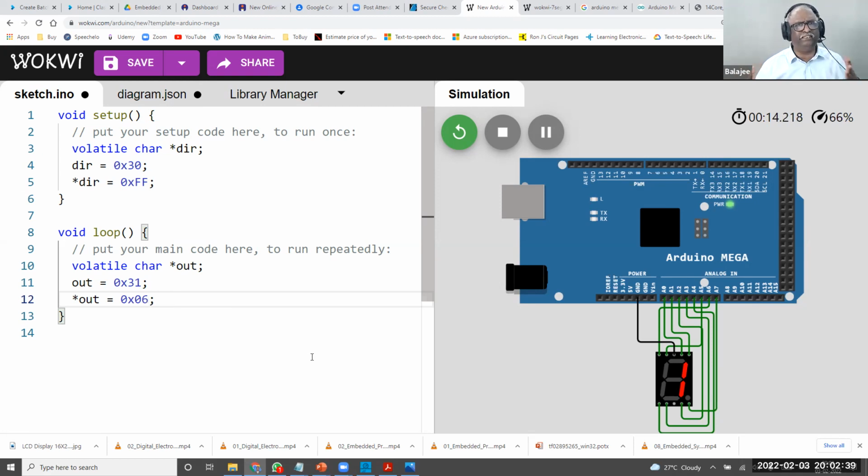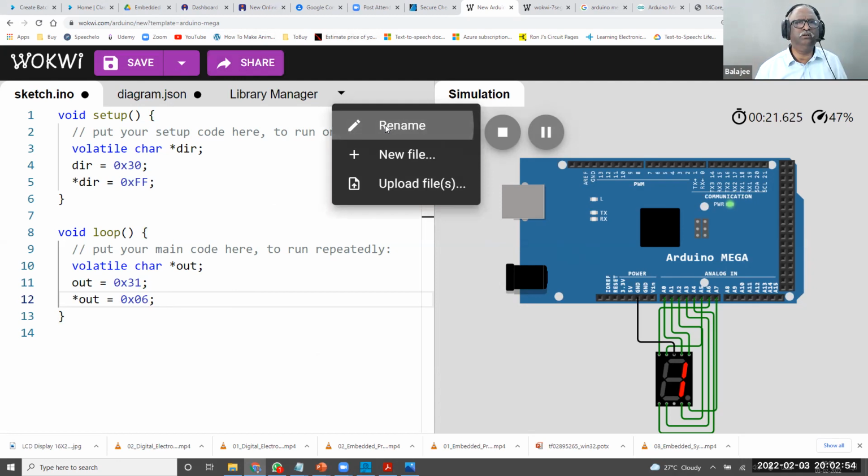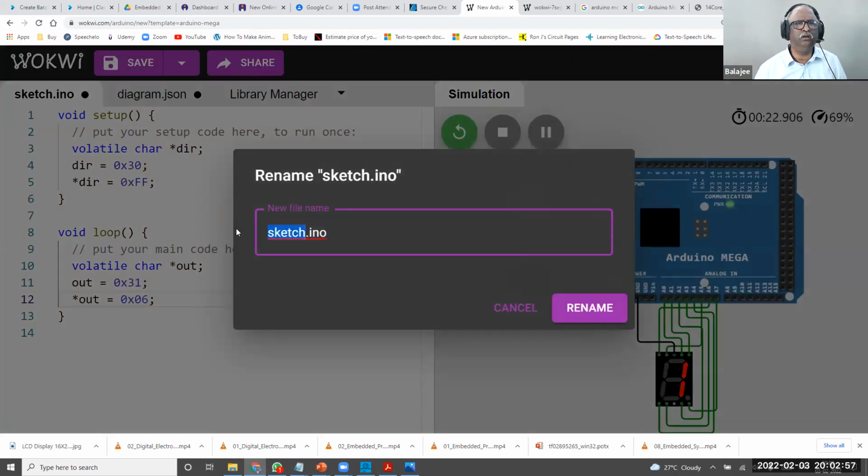Let me leave the board as such and try to understand the board. What is there on the board? I can share this with you if you want. I'll do one thing right now. I'll save it as seventh segment.